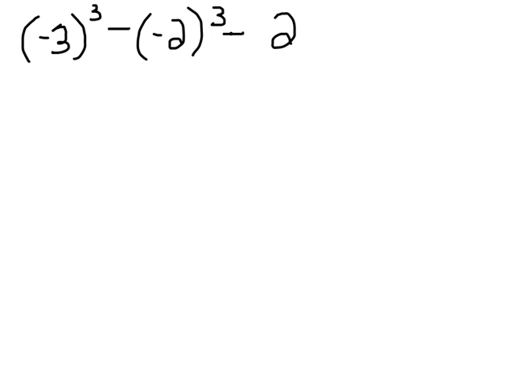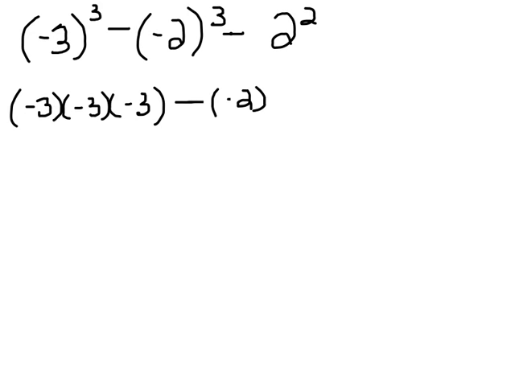Our second example says to simplify this expression. We have negative 3 cubed minus negative 2 cubed minus 2 squared. So let's write that out. This would be negative 3 times negative 3 times negative 3, minus negative 2, negative 2, and negative 2, minus, and then here just the 2 is squared, 2 times 2.